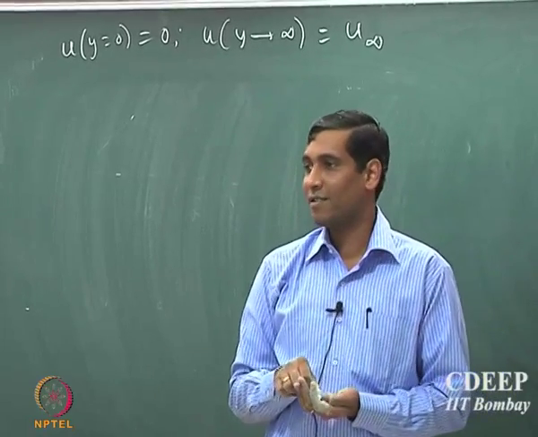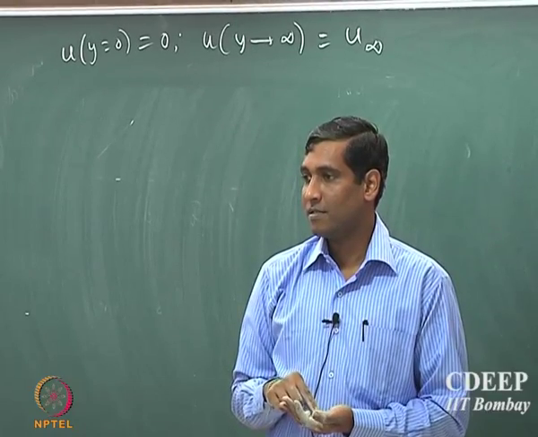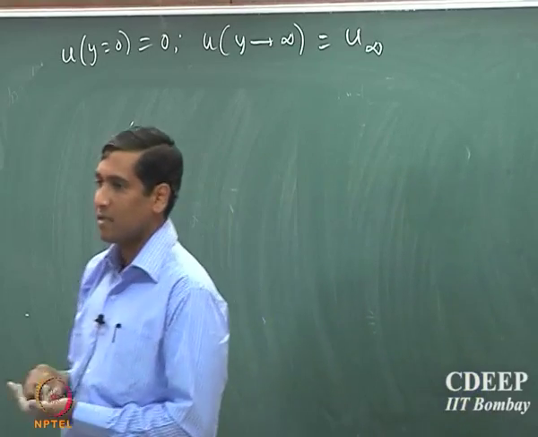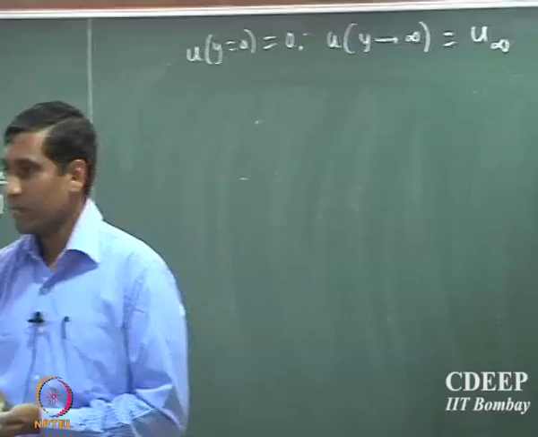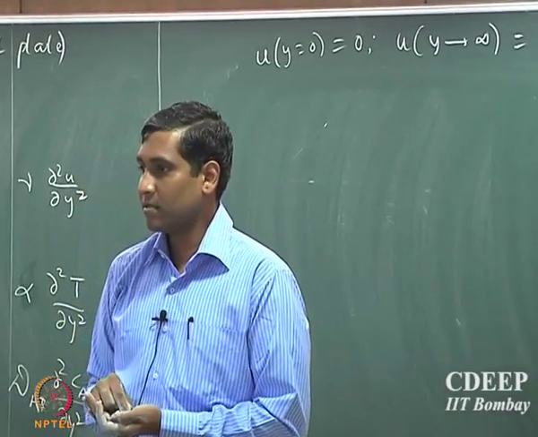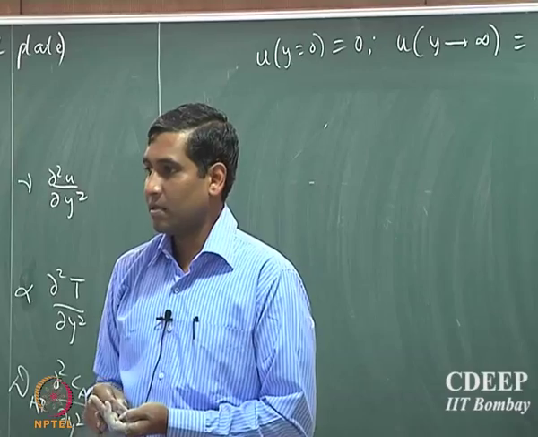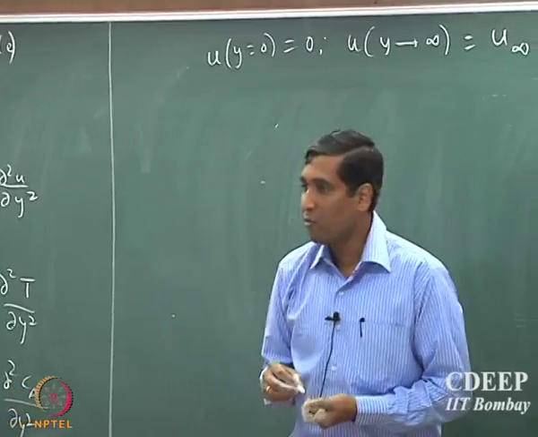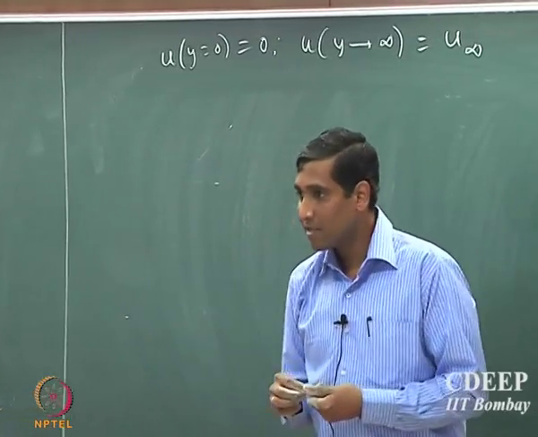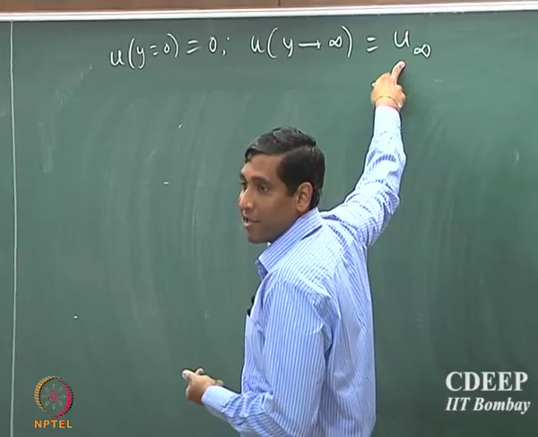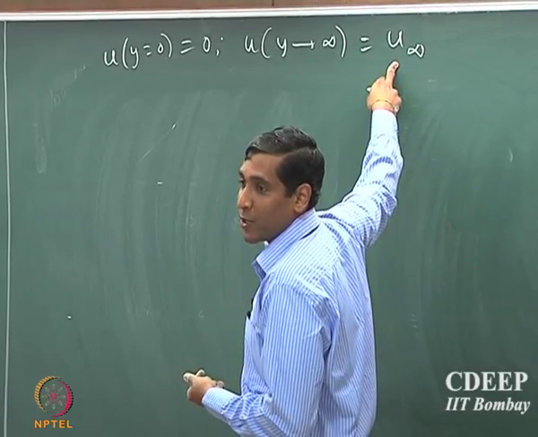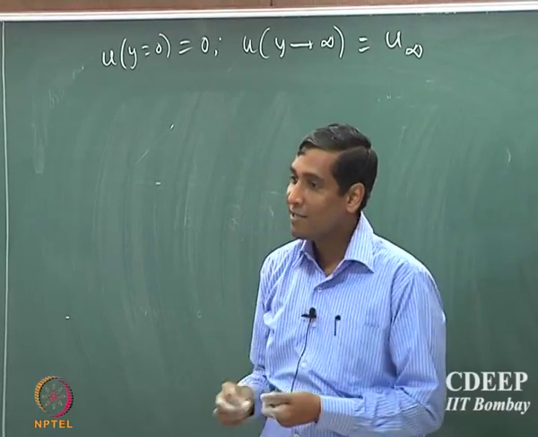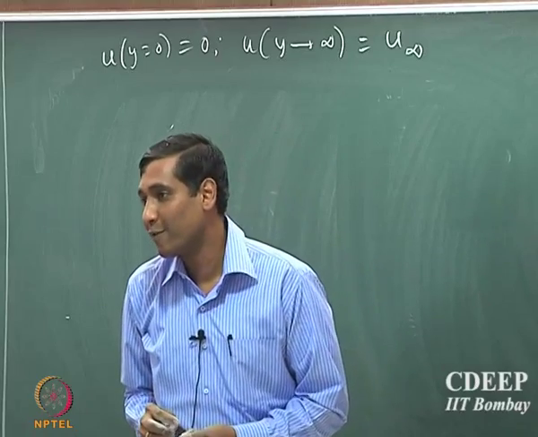What about x? But when you say du by dy at y equal to infinity is 0, what does it mean? It means that the velocity there has to be constant, and that has to be equal to u infinity, otherwise we have accelerating fluid.